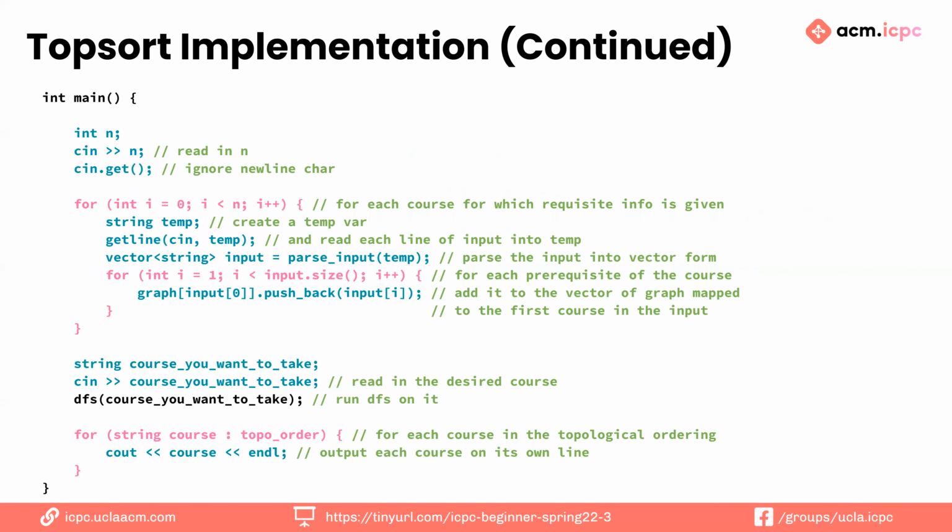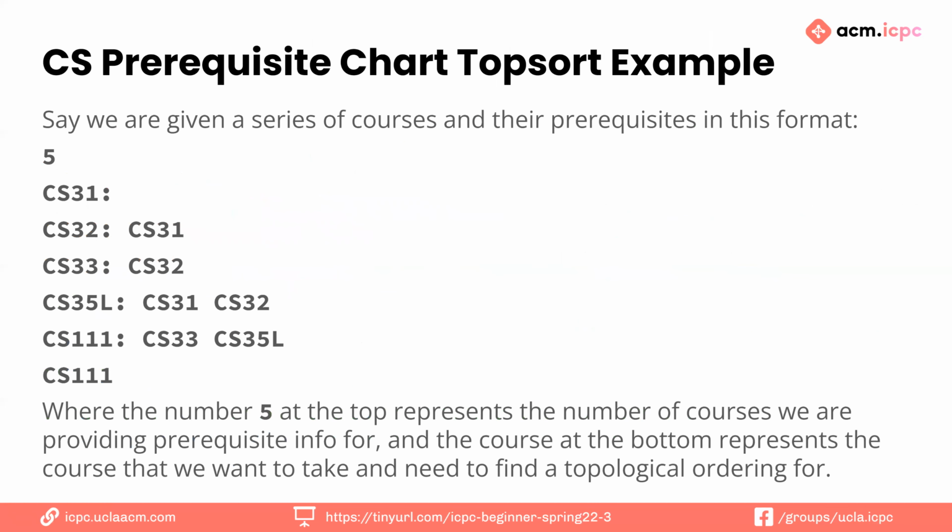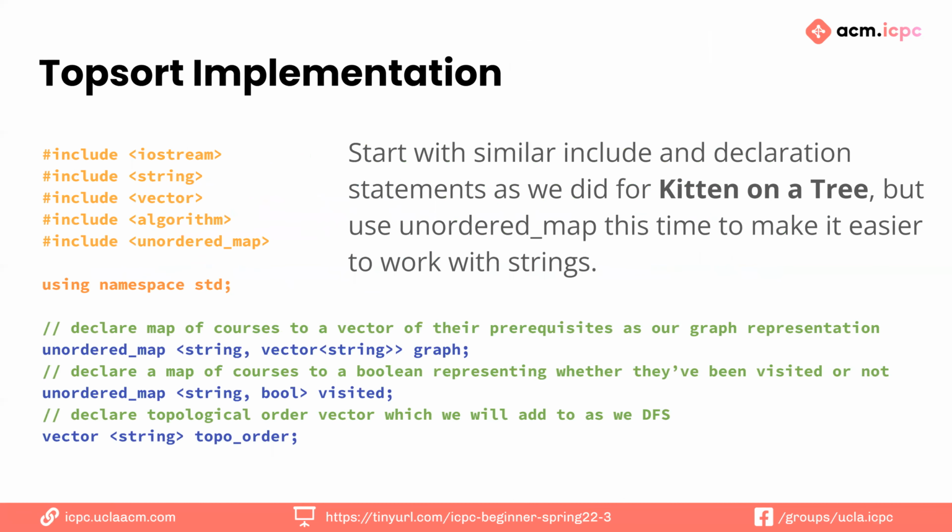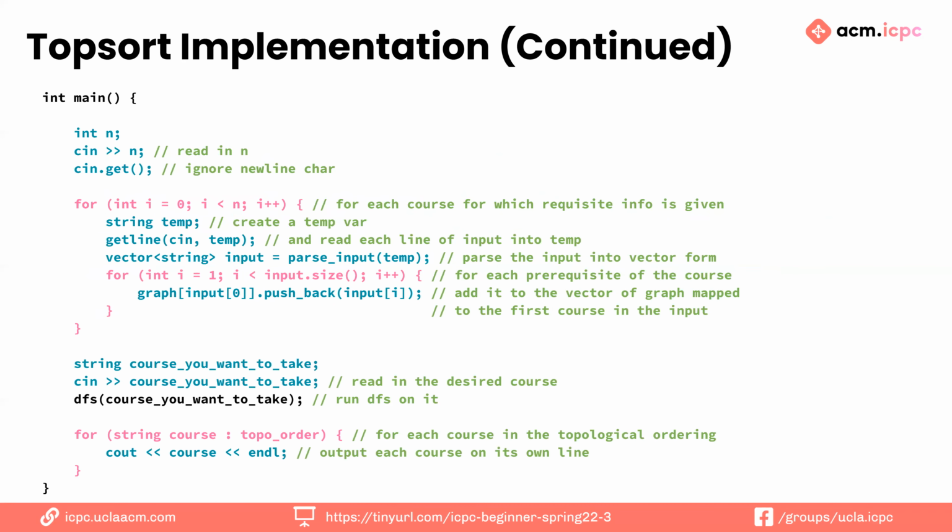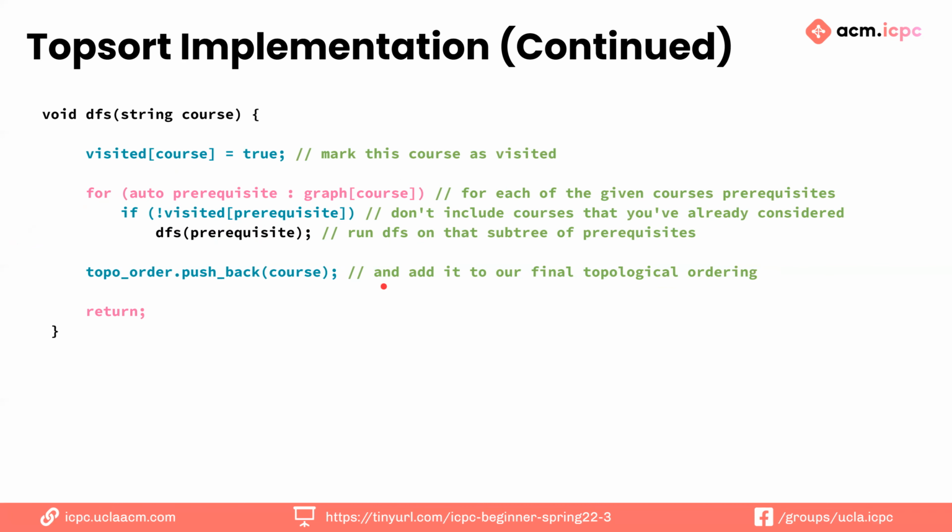But in this case, because of how our edges are oriented, because our edges go from the course to its prereqs, we want the reverse topological order. So if you're pointing to that thing, then that thing has to come before you. So that's the opposite of what we define topological ordering as. So here, if we get a reverse ordering, we actually get the actual answer. Does that make sense?